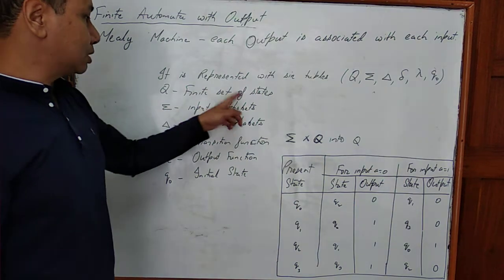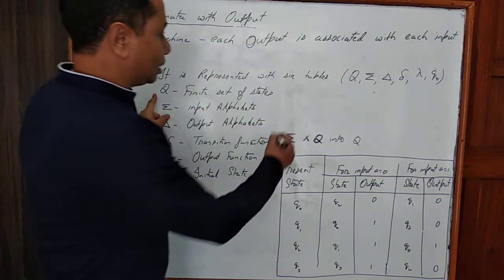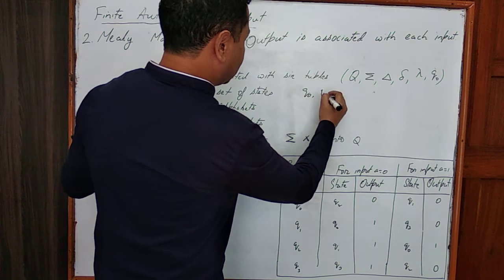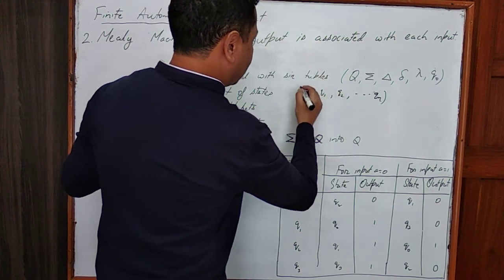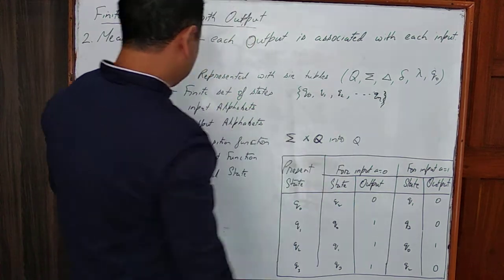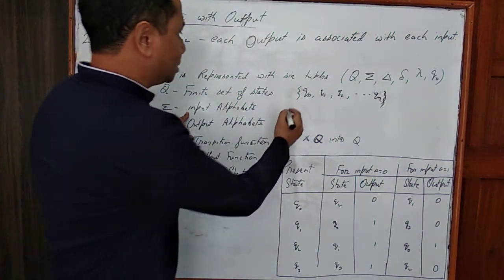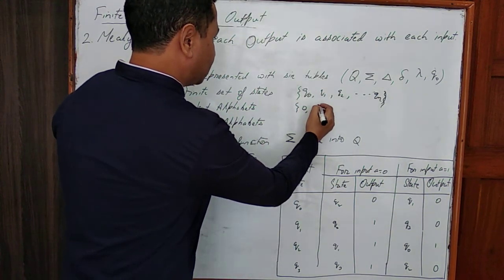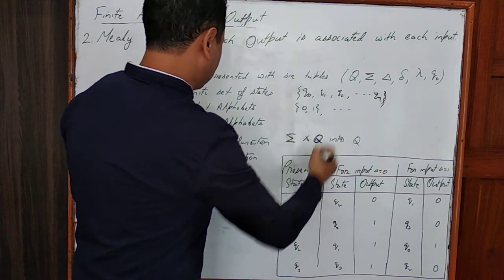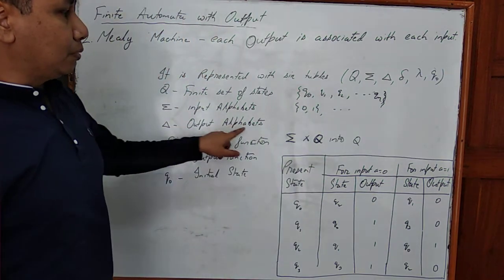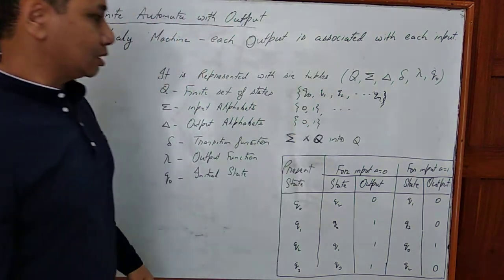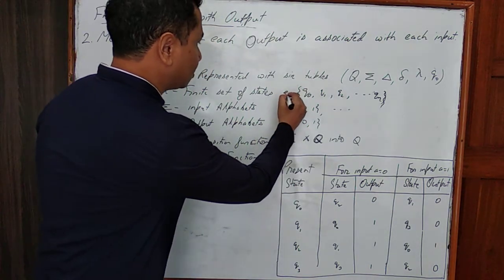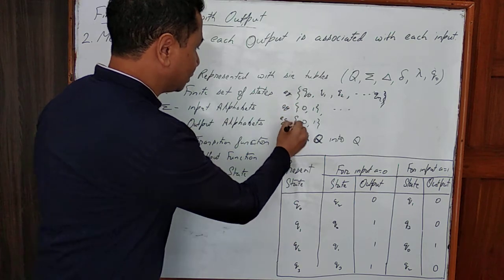The finite set of states is Q, which can be q0, q1, q2, and so forth till qn. The input alphabets can be 0 or 1 or any other. There can be many. The output alphabets, again, are associated with the input, so let's consider them as 0 and 1. All of them are just examples which I'm taking.